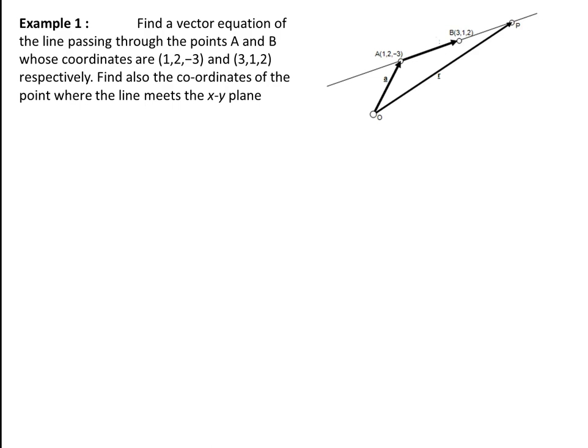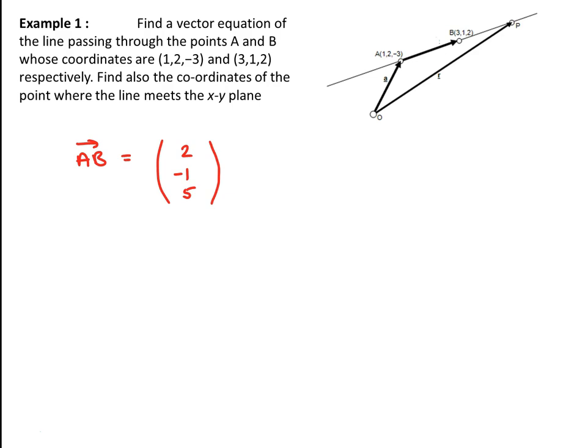So if we use A as being the point on the line that we are going to move to first of all, the position vector of A is just the vector (1, 2, -3). The movement from A to B is 2 in the x direction, -1 in the y direction, and 5 in the z direction.